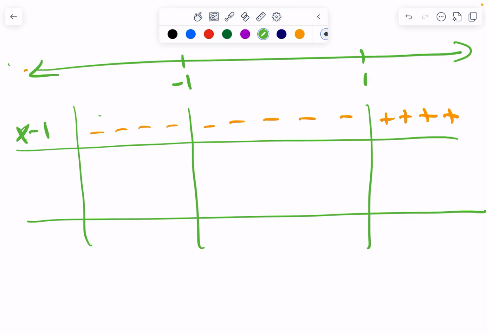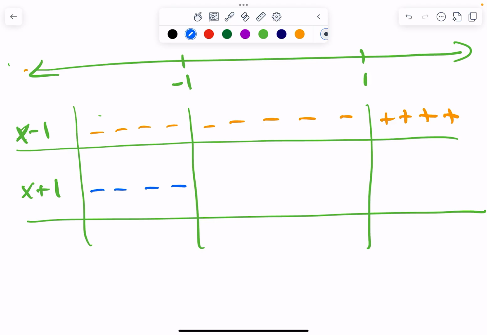Now, we're going to take our denominator, x plus 1, and do the same thing. So x plus 1 is going to be negative to the left of -1. -2 plus 1 is going to be a -1, and so on.